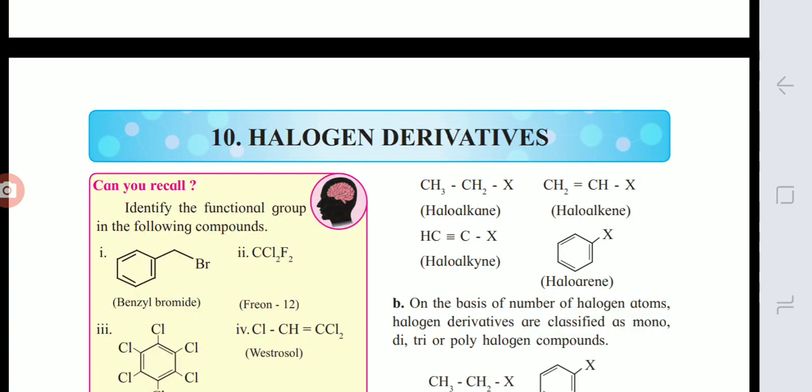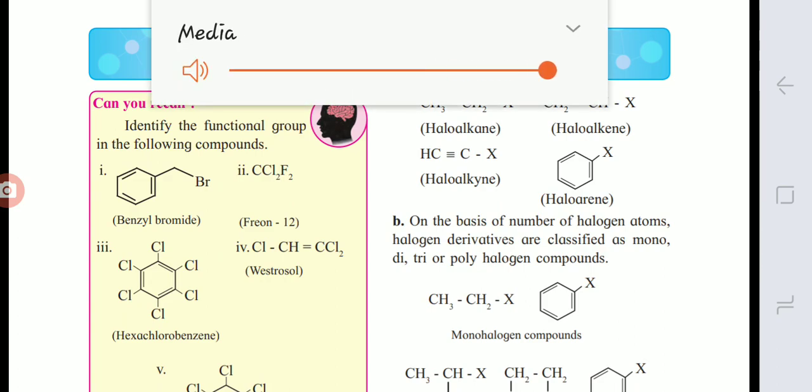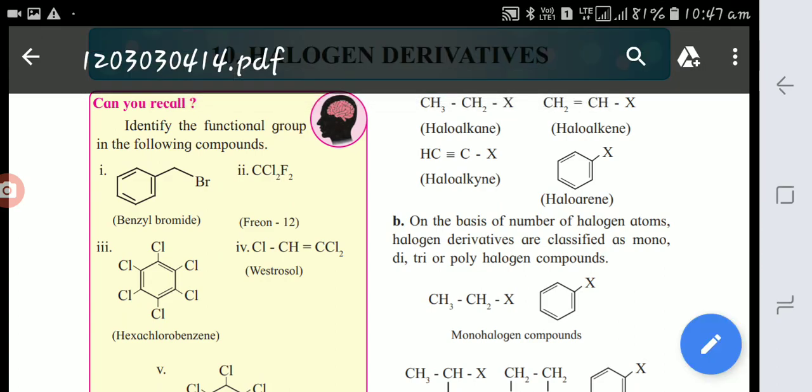And if we consider halogen derivatives of arenes, your parent compound is an aromatic compound such as benzene, naphthalene, anthracene, phenol, etc. Can you recall this concept? We already discussed it in our previous video, in which we revised some concepts from topic number 14 of 11th standard.